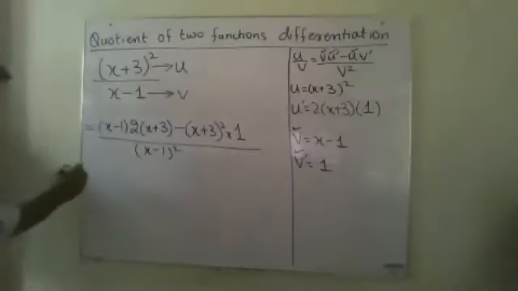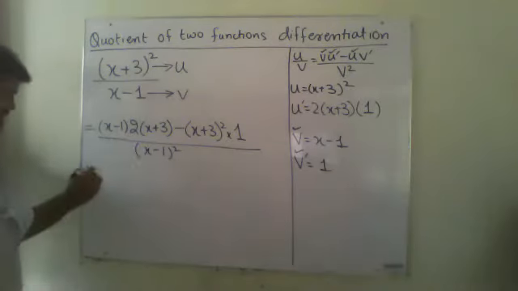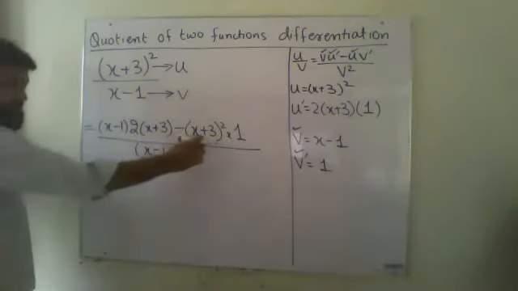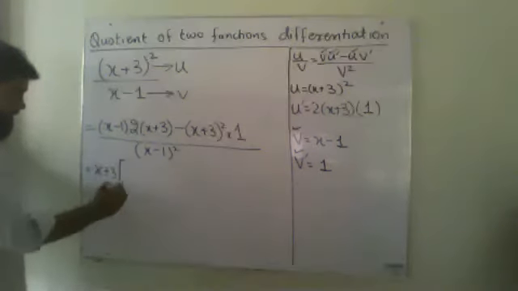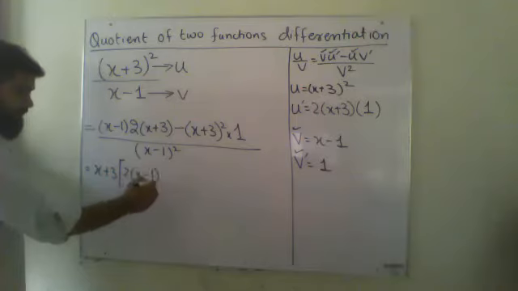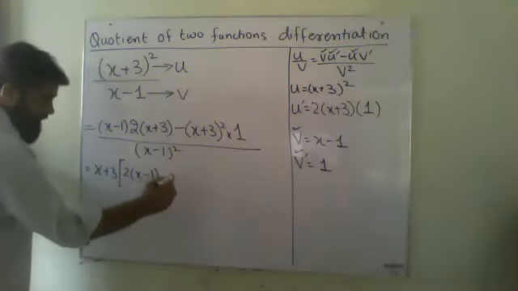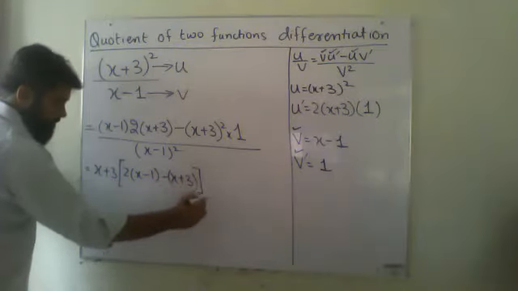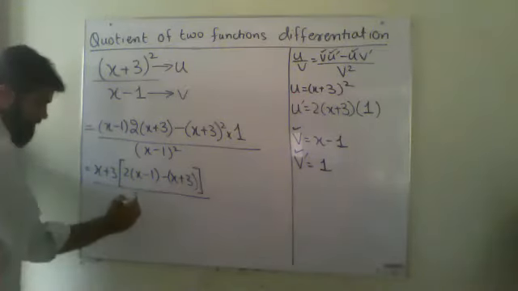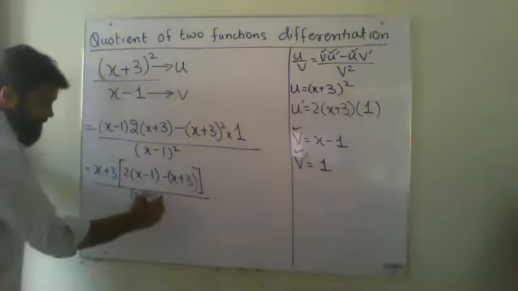You can further simplify it if you want to. x plus 3 can be taken common. x plus 3, what will remain? 2 multiplied by (x minus 1), minus (x plus 3), over (x minus 1) whole square.